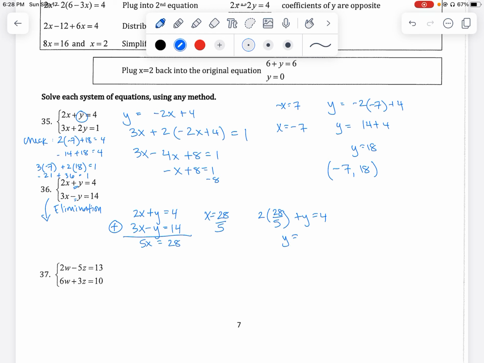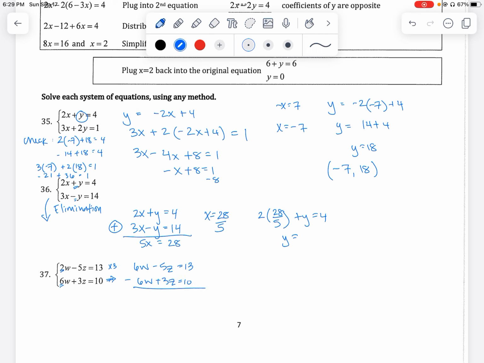In 37, I've got to make sure that I get the same number out in front of the variable, the same coefficient in front of the variable. I'm going to multiply this equation by 3. I'm going to eliminate the w's. I don't have to multiply by anything here because I'm going to get 6w minus 5z equals 13, and 6w plus 3z equals 10.